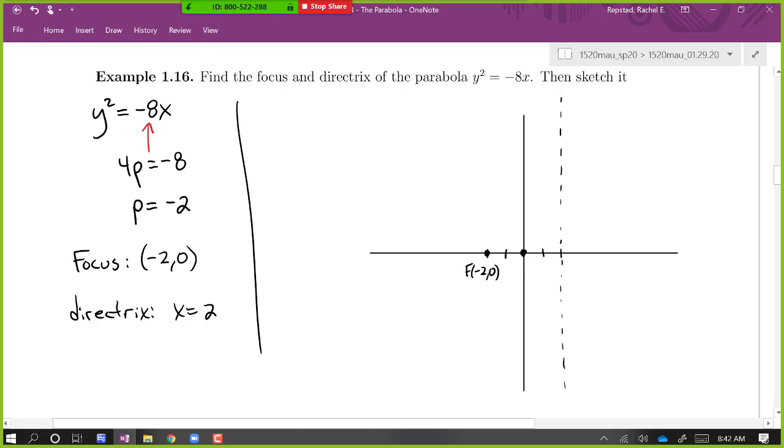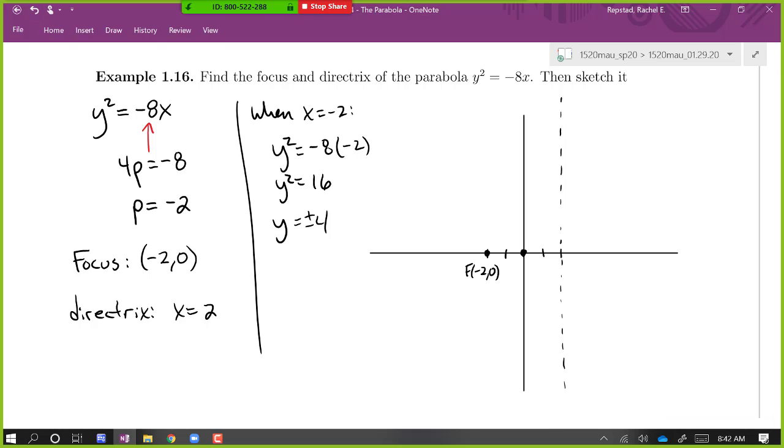And then maybe I'll just figure out what's going on when x is negative 2. That's 16. And so y is plus or minus 4. I think I lost you guys. Okay, you're back. I lost you for a second.